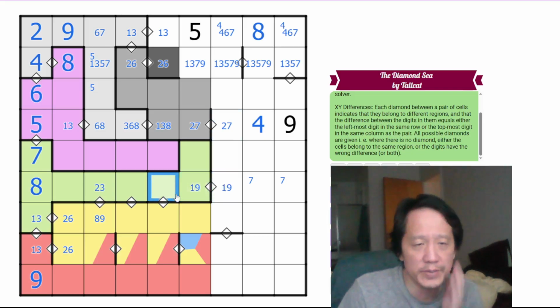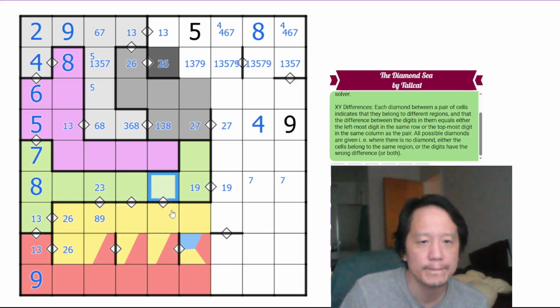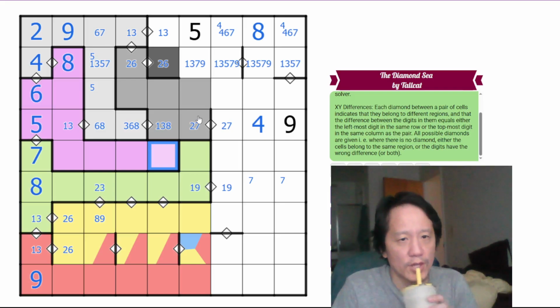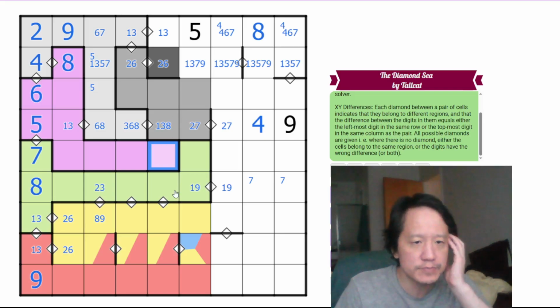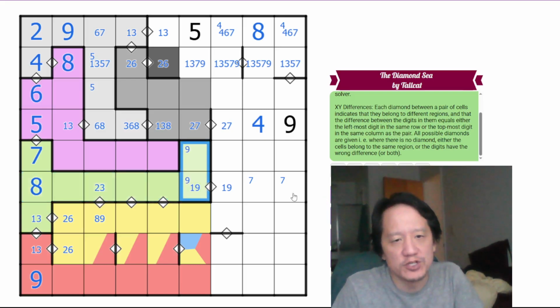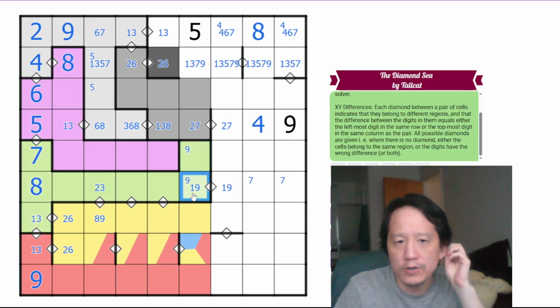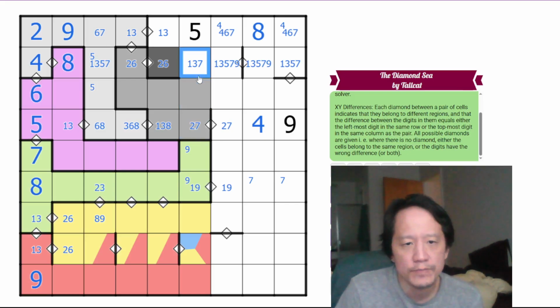This is a 1, 9 pair here. This is a difference of 1 or 3, 1 or 3. The rest of this row cannot have 9. Therefore, one of these two must be a 9, because 9 cannot be here. That eliminates 9 here.